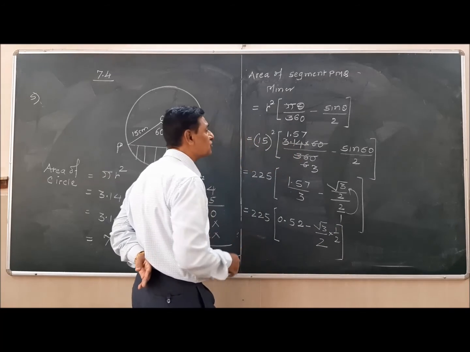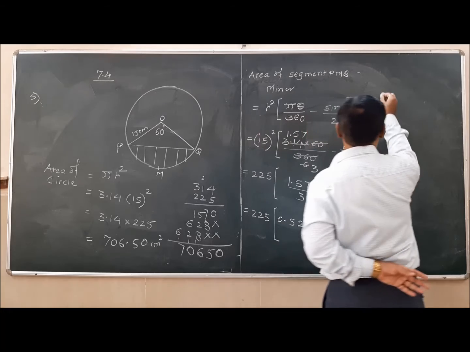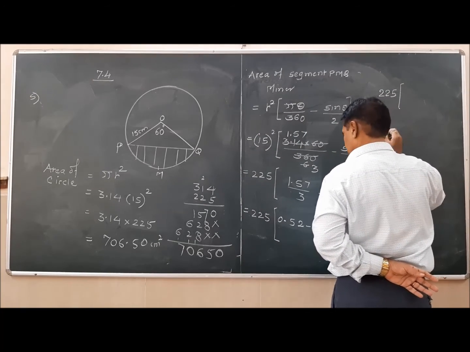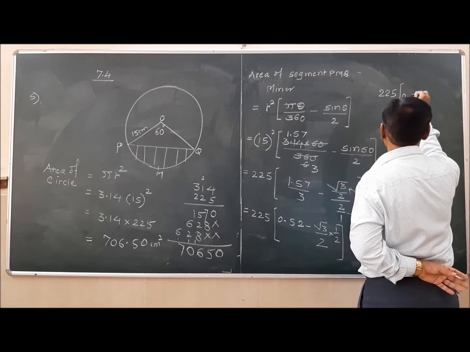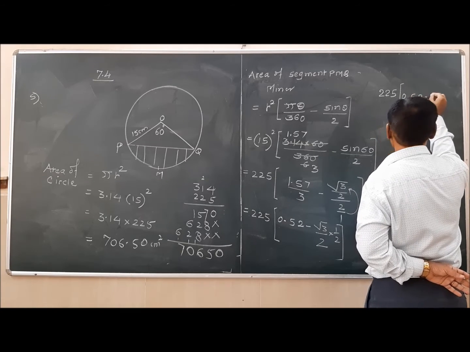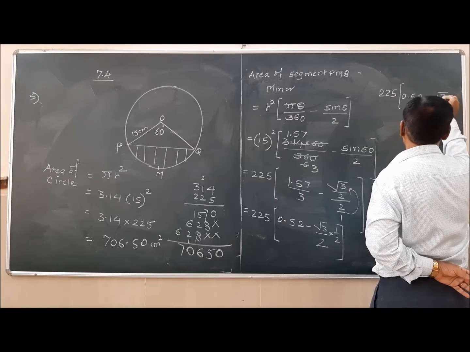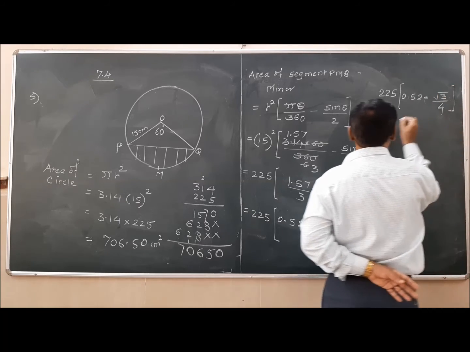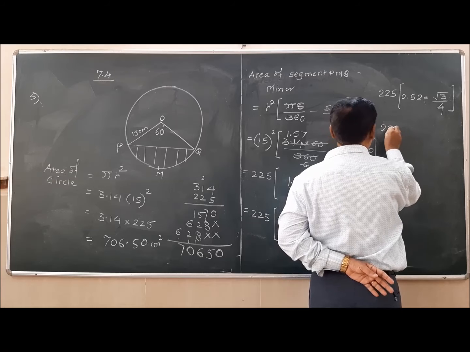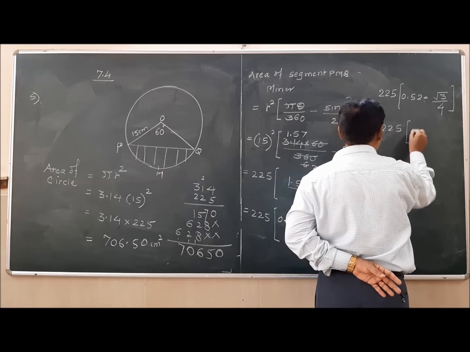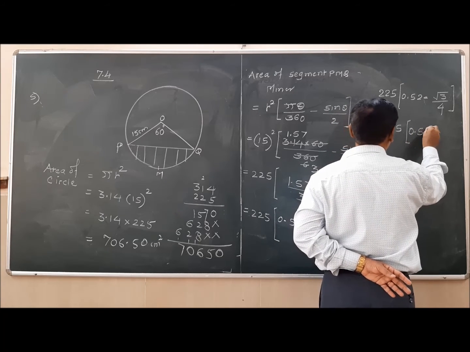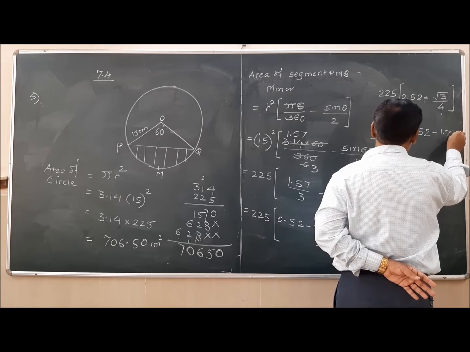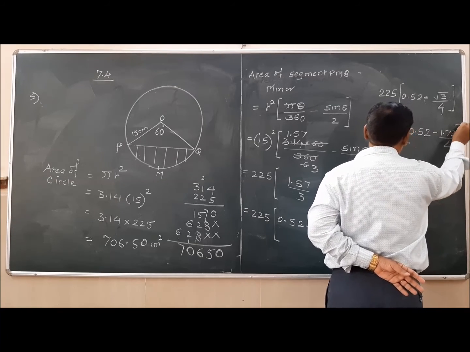The next step is 225 into the bracket, 0.52 minus root 3 upon 4. Root 3 is 1.73 upon 4.